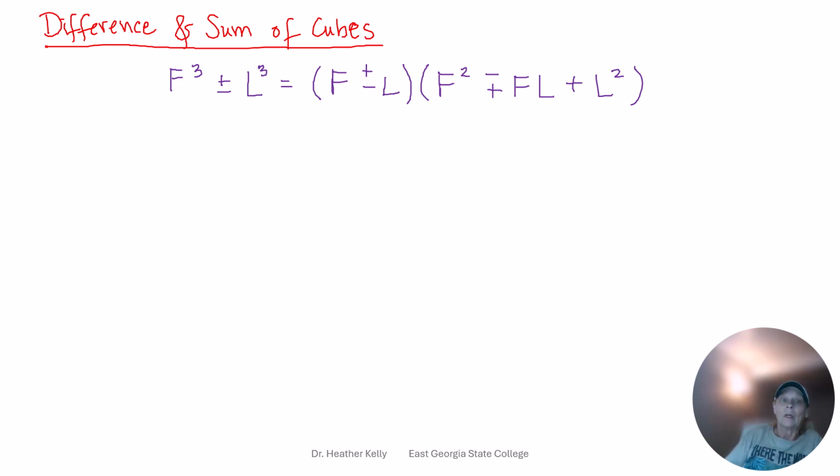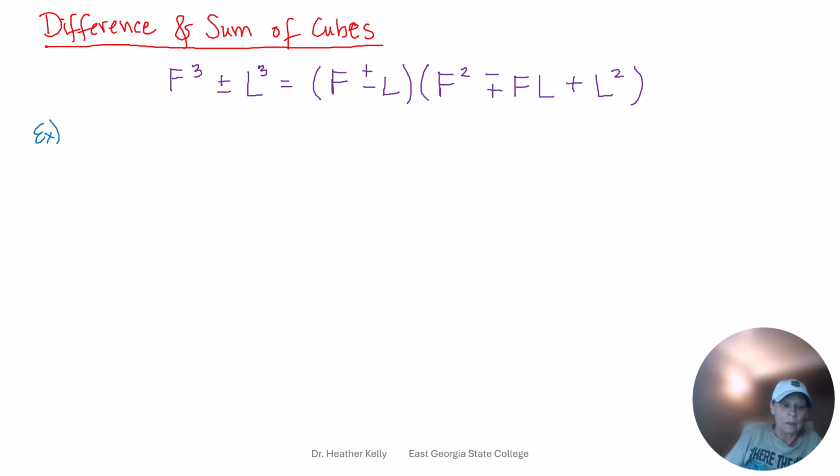Now, this is a complex operator, and you follow it along the top or along the bottom. So if we have the sum of cubes, then when we factor it out, we have F plus L times F squared minus F times L, always positive L squared. So let's do some examples here so you can see how this goes.